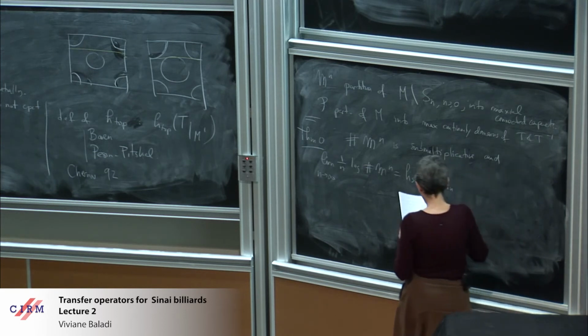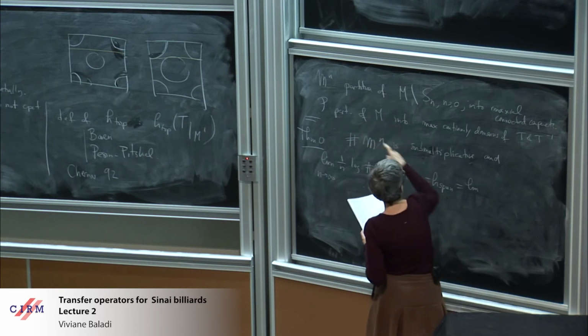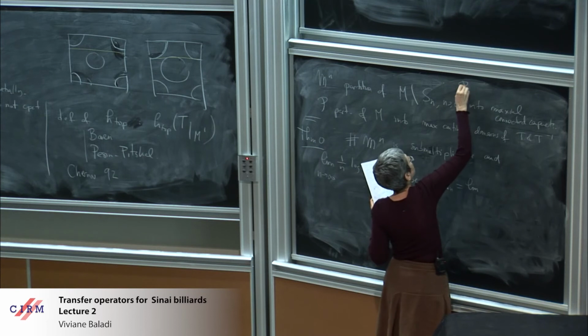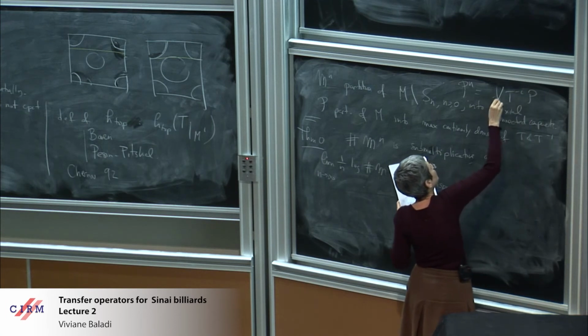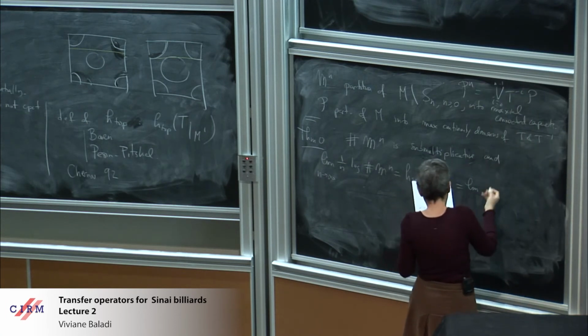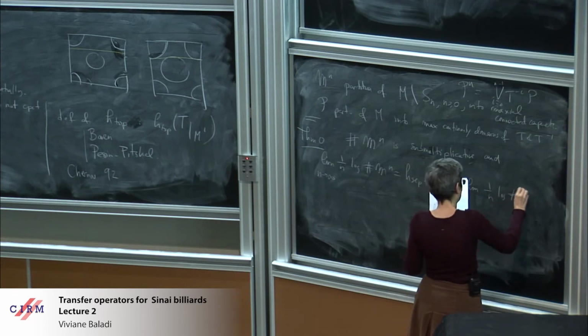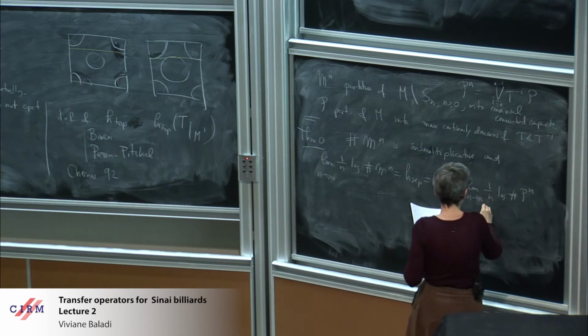You get also the same. And you get the same thing if you iterate this. I forgot to tell you. Once you have a partition, you can iterate it, right? So I denote Pn is the iterated partition, the refinement of the partition. And here I can take also 1 over n log of cardinality of Pn. So all these numbers give the same thing, and I call this H star.